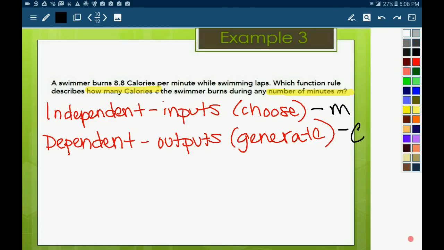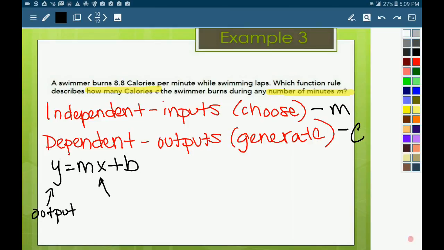So when I create my equation, all of my equations so far have looked like y equals mx, and then we just talked about how you can always add something to that as well, so the plus b. Okay, well, the output is usually the y, or it should always be the y, and the input is the x. So I'm going to use the variables that they told me to use, c and m.